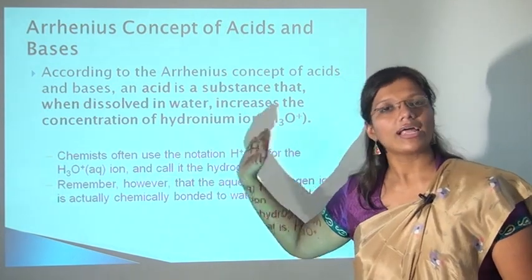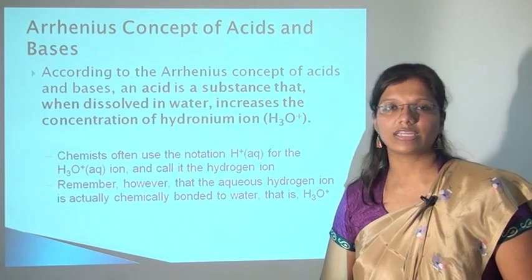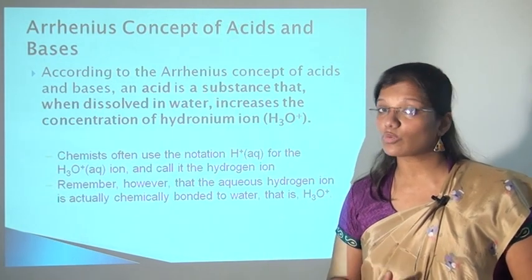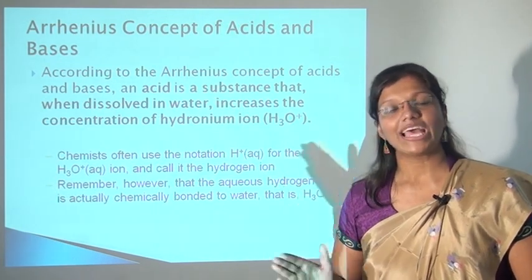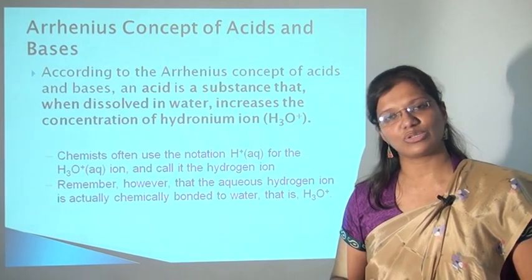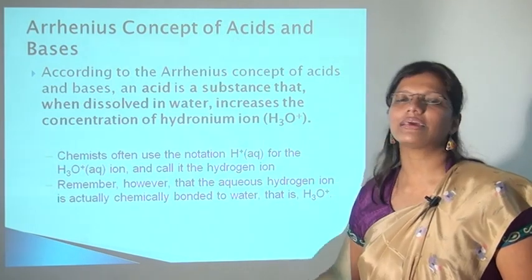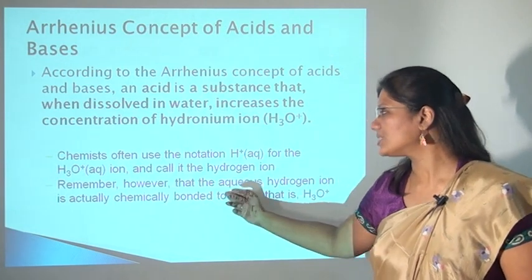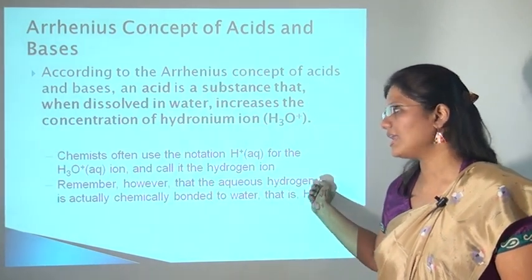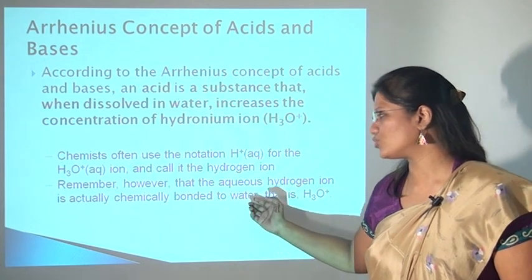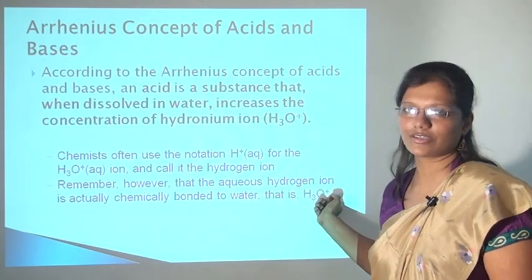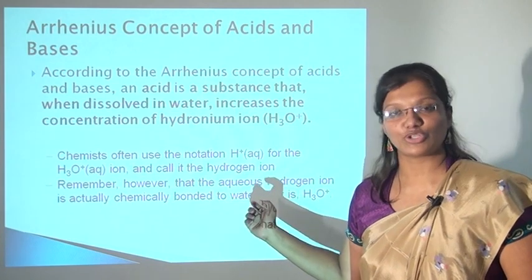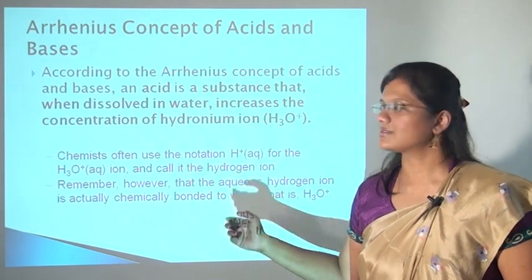Hydrogen ion cannot be present in water in free form; it is always bound to H2O. Therefore the whole form is known as H3O+. So both are the same thing, H3O+ and H+.